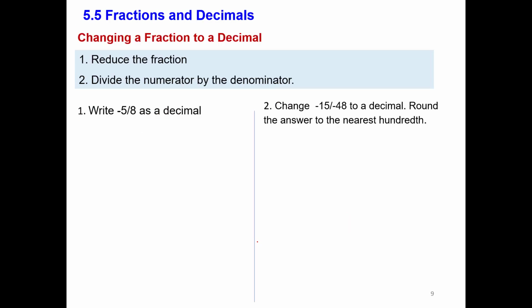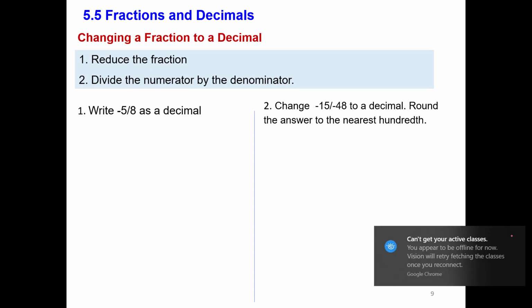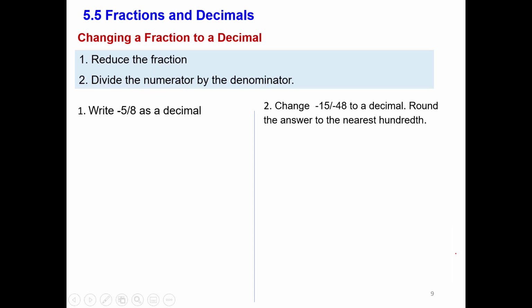Then the next thing we want to learn is how we can change a fraction to a decimal. We have to follow these two steps. First, if it's possible, we reduce the fraction, and then we divide the numerator by the denominator. We divide in the way we learned how to divide decimals.